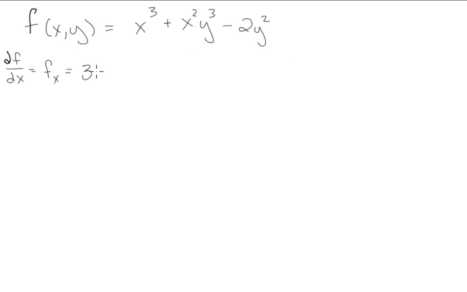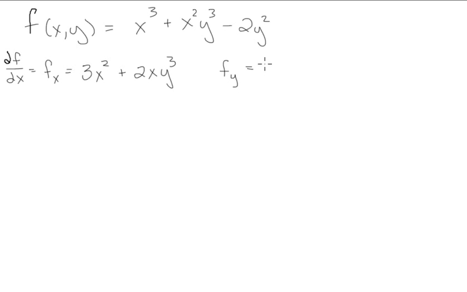I get 3x squared plus, remember the y cubed here is a constant, so 2x times y cubed unchanged. And the third term does not have any x expressions in it, so I'm done. If I want to take the partial derivative with respect to y, my first term, x cubed, does not have any y's in it, so its derivative is 0.